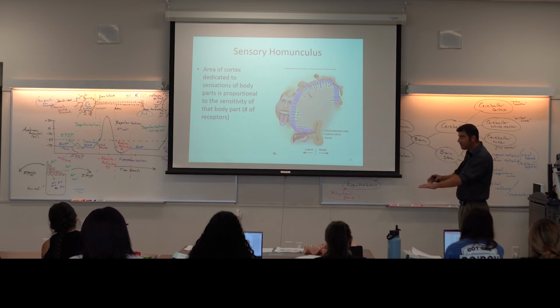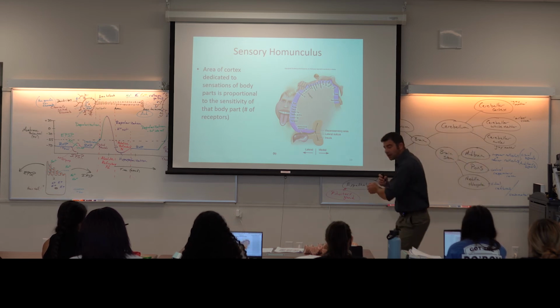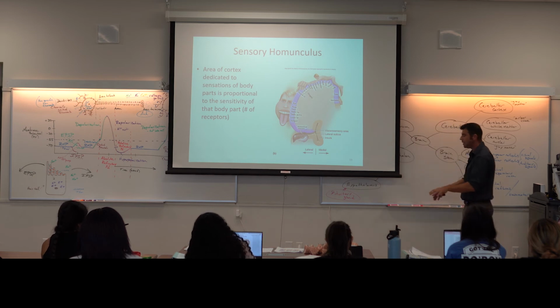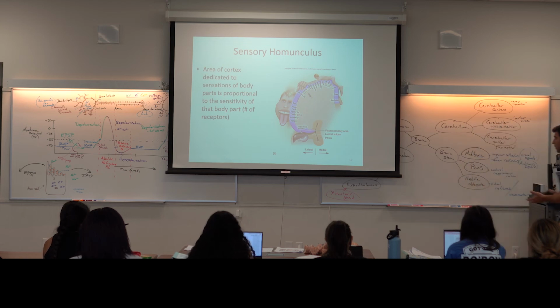But again, not that much cerebral cortex set aside for monitoring sensory information in the trunk of the body or the elbow. We're not feeling around with the models with our shoulders or anything like that, but we are feeling with our feet and our hands and our face. So lots of space set aside for sensory neurons in that part of the cerebral cortex.